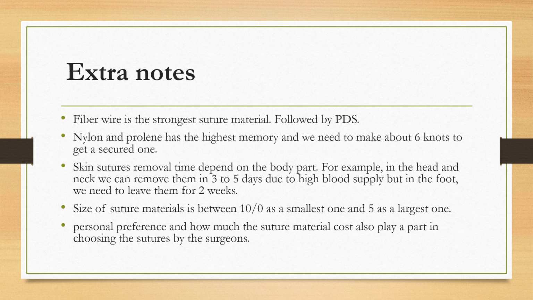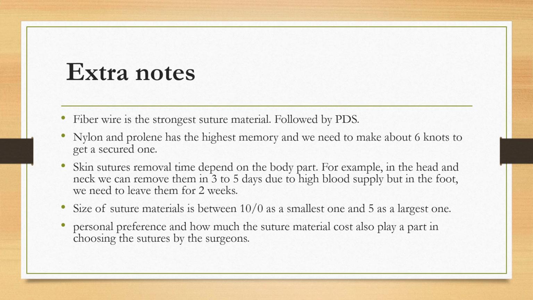When the number that comes before the 0 is higher, it means a smaller suture material. So the smallest one is 10-0, and the largest one is number 5, because after 0 comes 1, and then 2, 3, 4, and 5.